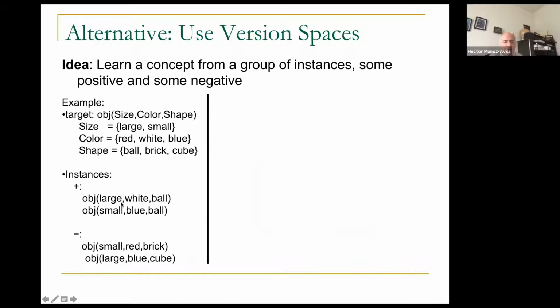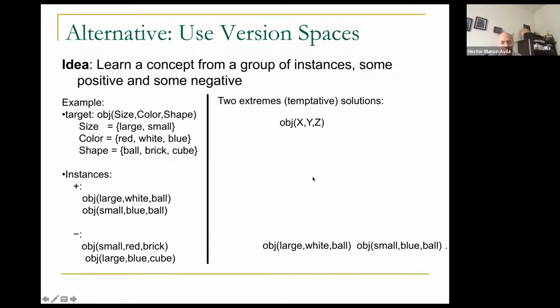So you're given here a target. We want to learn the subject. There are three parameters: the size, the color, and the shape. We are given some positive instances of the concept and some negative instances of the concept. And these version spaces start with two extremes: the most general condition and the most concrete one.